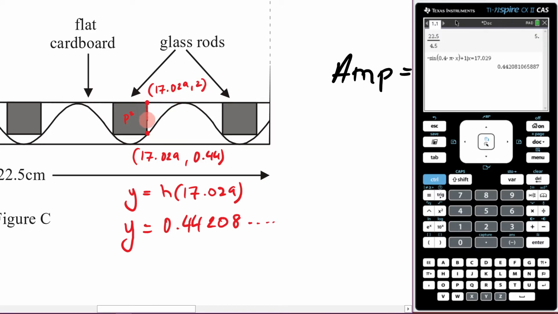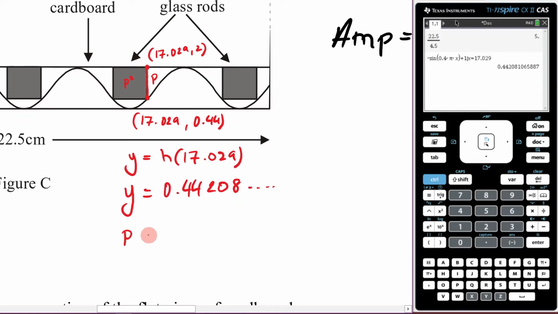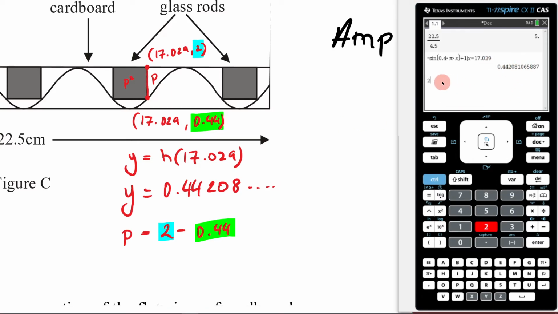So that means I can tell you what this length here is, what p is. P is going to be equal to 2 minus 0.44. All I'm doing here is taking the 2 and subtracting it from this. And after doing that, this is where I want to use my unrounded one just to get the most accurate answer here.